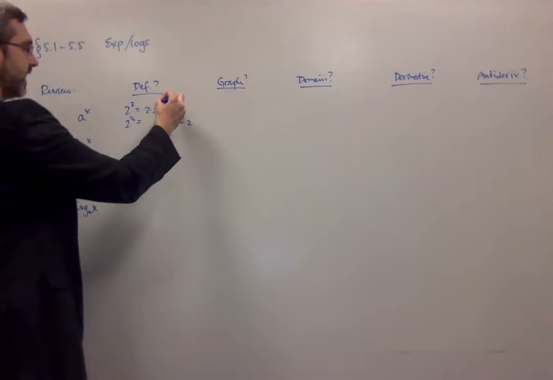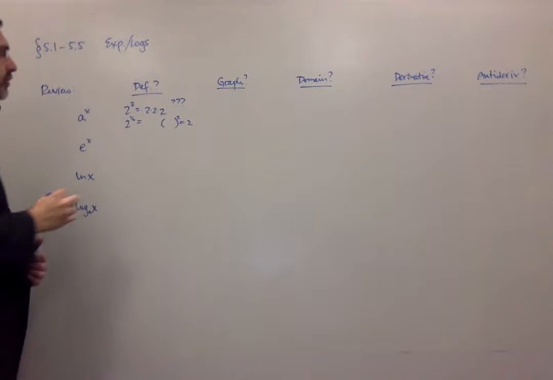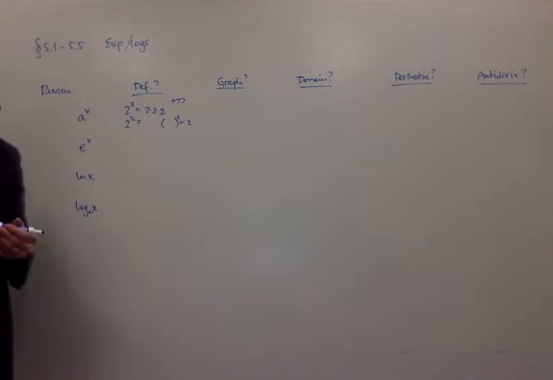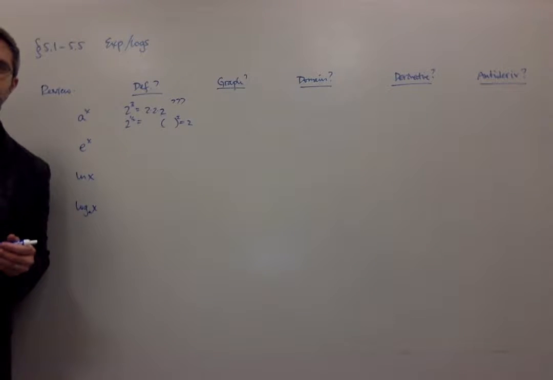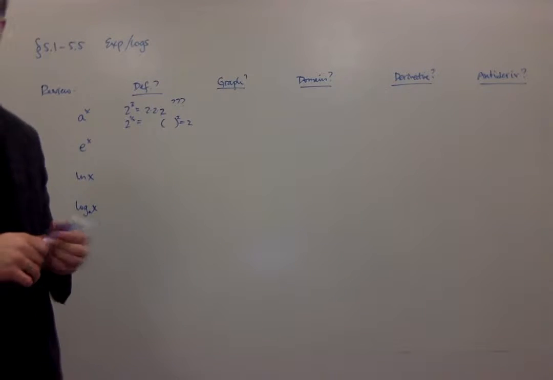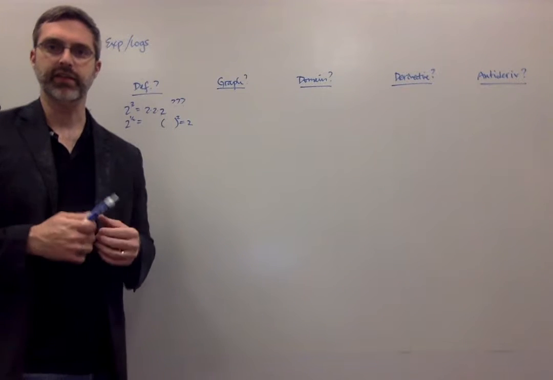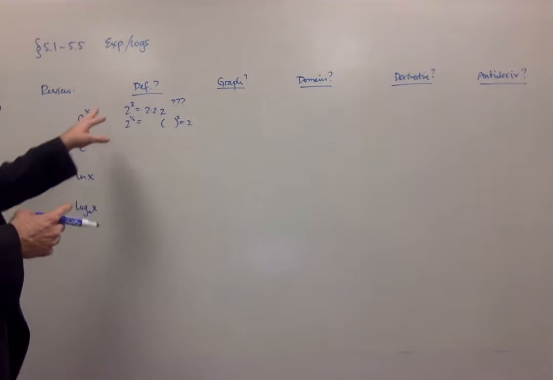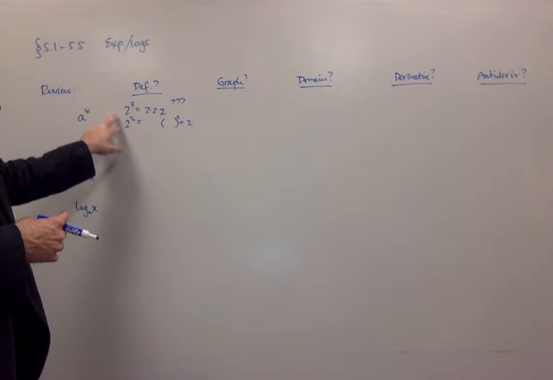We kind of have an intuitive notion of exponentials: taking a number to another number power means I need that many copies of that multiplied together. 2 to the 5th is 5 copies of 2 multiplied together. But we don't have a rigorous definition here.